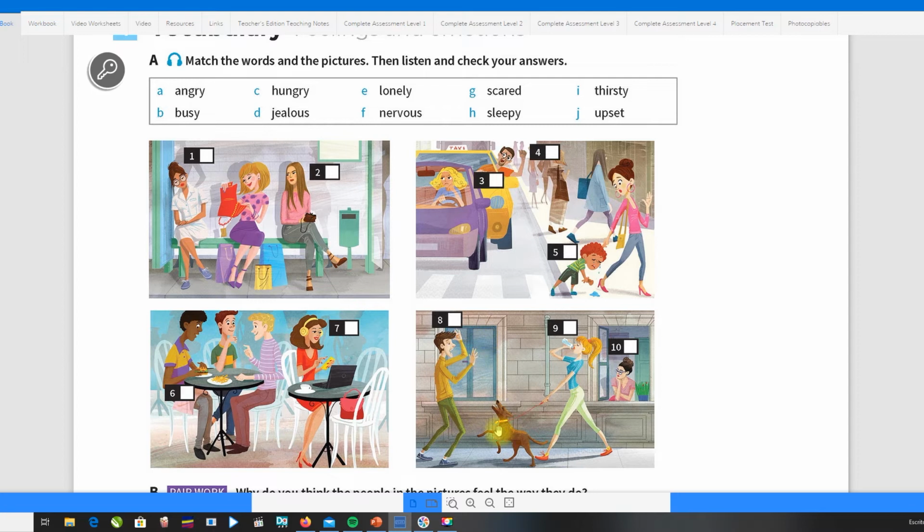The girl has a dog, and the dog is barking at this guy, and this guy is scared. Yes, scared, and she is probably thirsty. You have to complete this, and let's listen to the audio for you to complete this correctly.